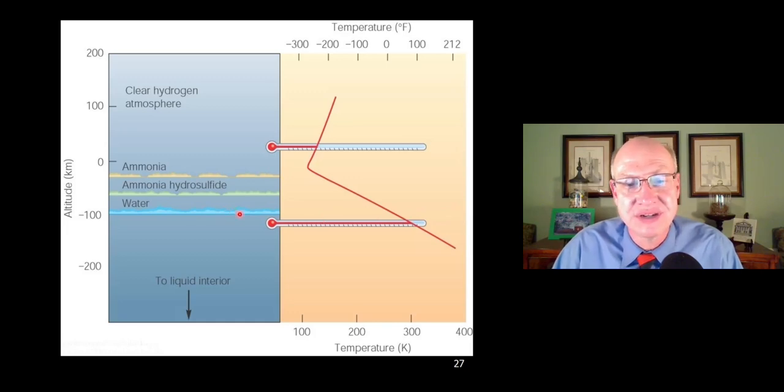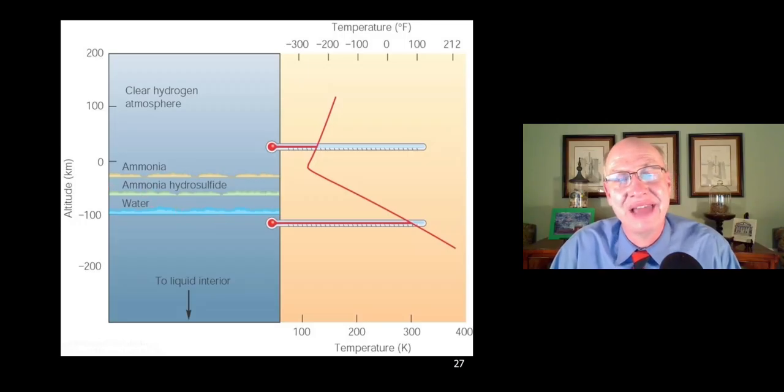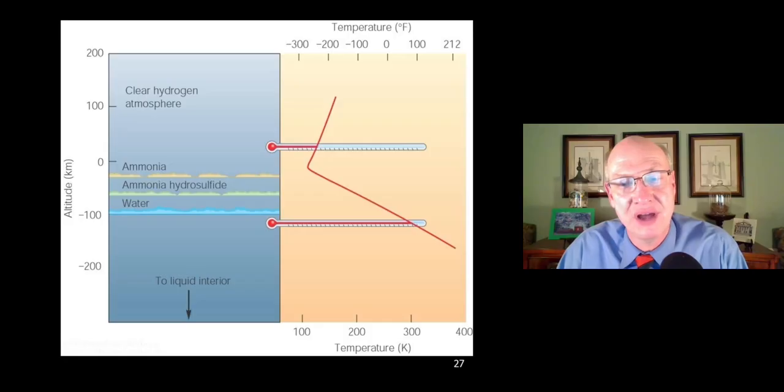And as water starts condensing, we will get a layer of water clouds there. Above that, we'll have a layer of ammonia hydrosulfide clouds, and then above that, we will have a layer of ammonia clouds. Now, the ammonia clouds and the water clouds are expected to be white in color, and it is the ammonia hydrosulfide clouds that give us the brown and red colors in the atmosphere of Jupiter.